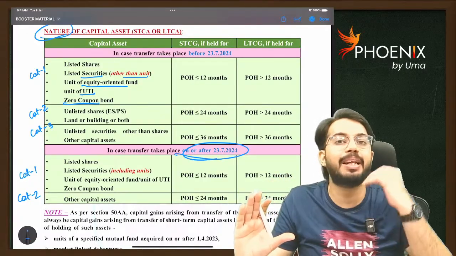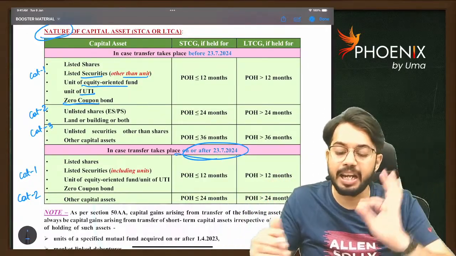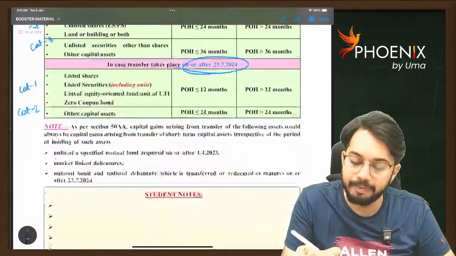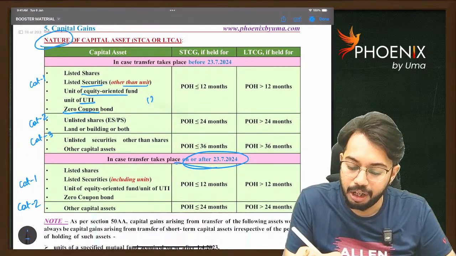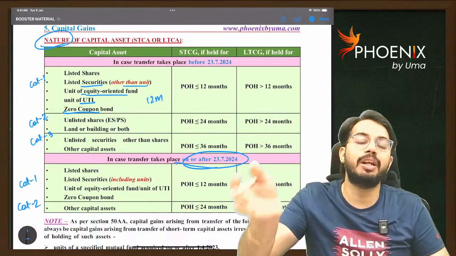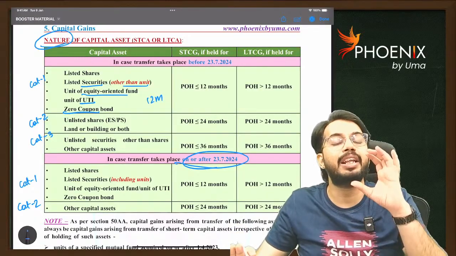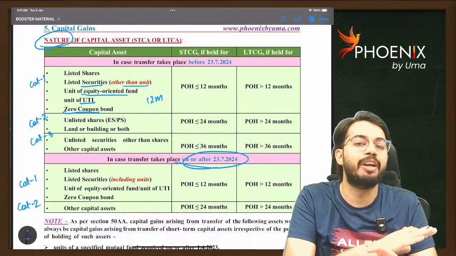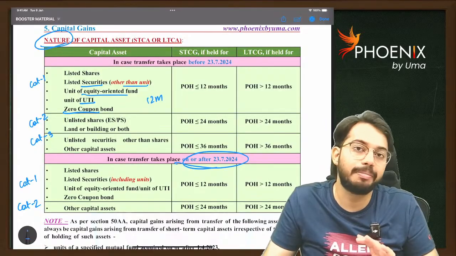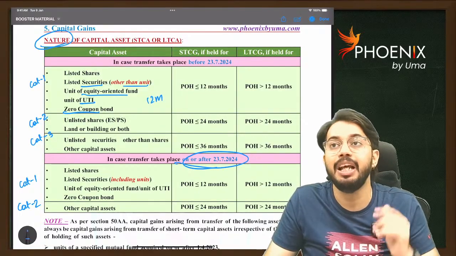If these capital assets are transferred, then the criterion is 12 months. If they are held for more than 12 months, they are classified as long-term capital assets. If they are held for either 12 months or less than 12 months, they are classified as short-term capital assets. Are you able to understand?